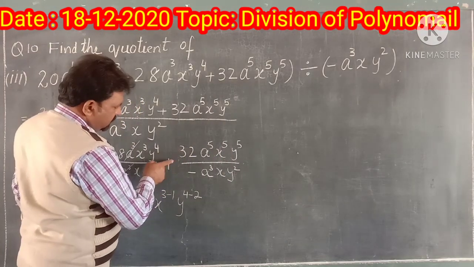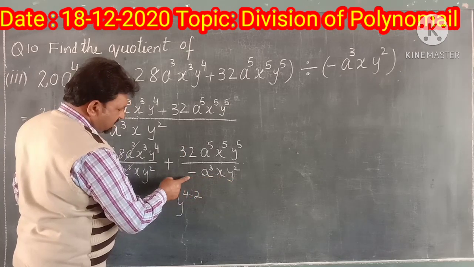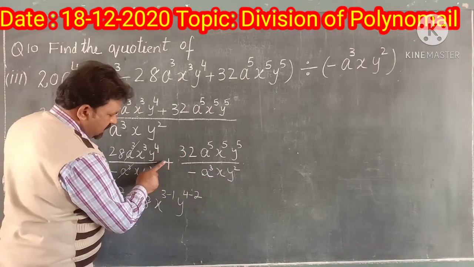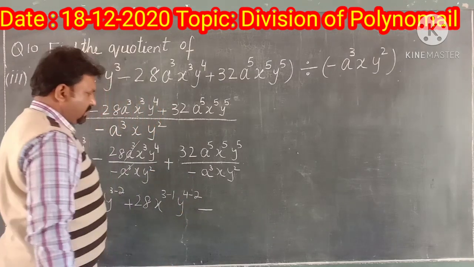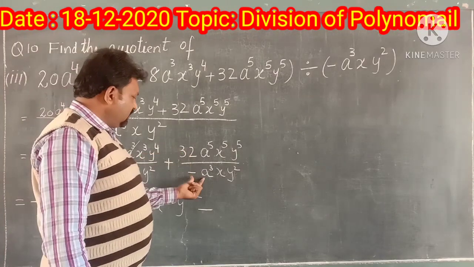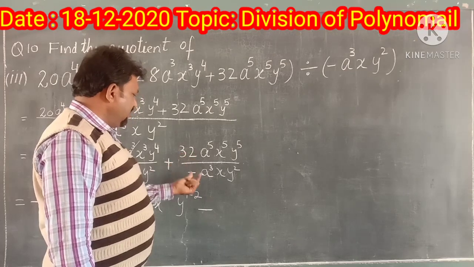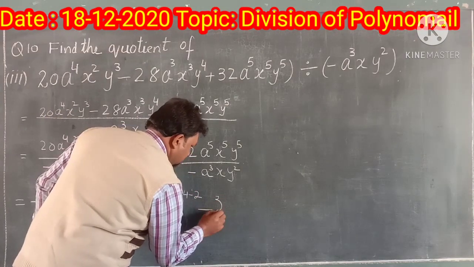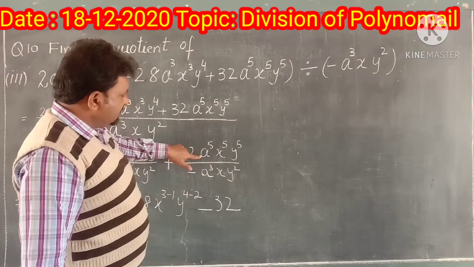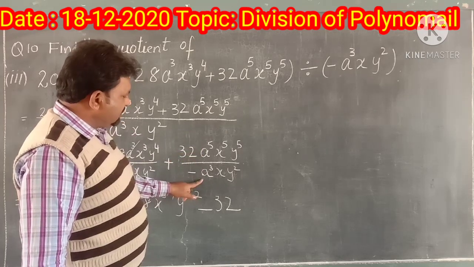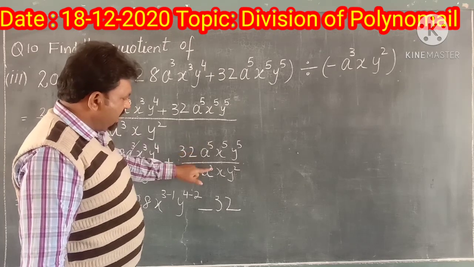Now we solve the last one. The sign of this term is positive and the sign of this term is negative. When we divide positive by negative, the answer will be negative. Its coefficient is 32, the other is 1, so 32 divided by 1 is 32. The power of a is 5 and the power of the other a is 3, so a power 5 minus 3.